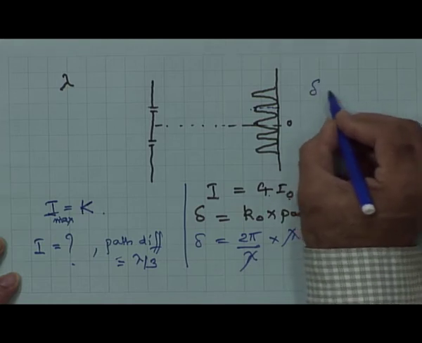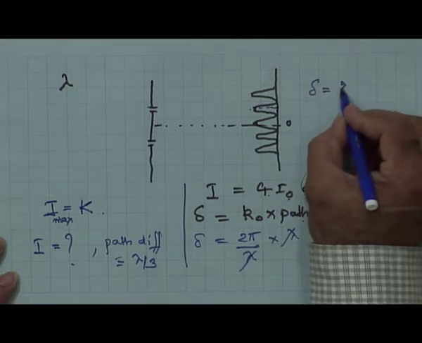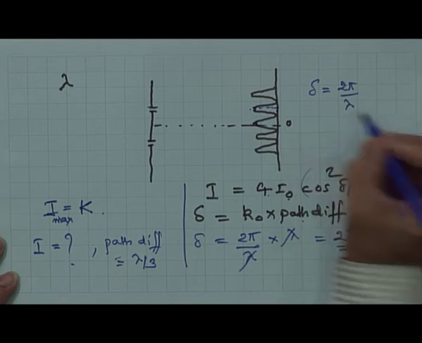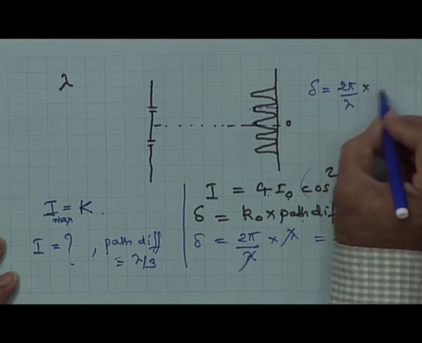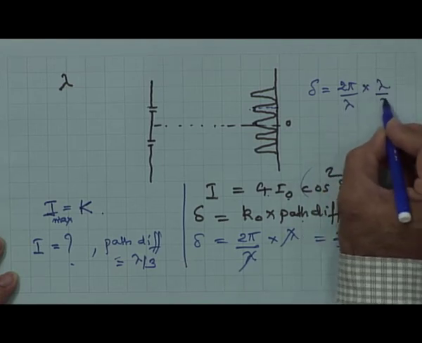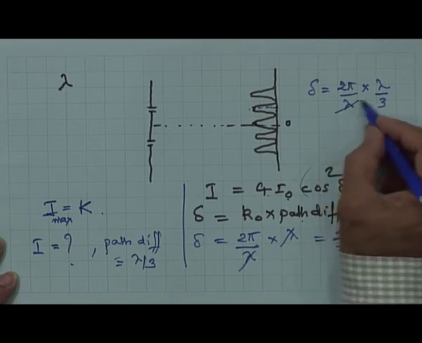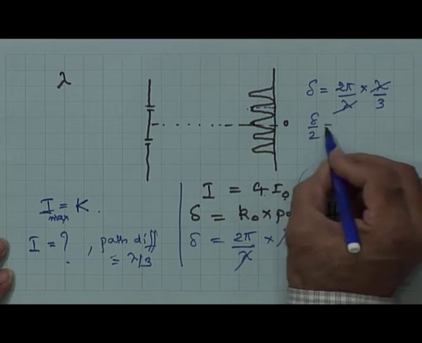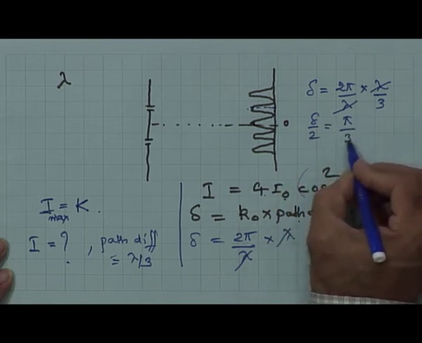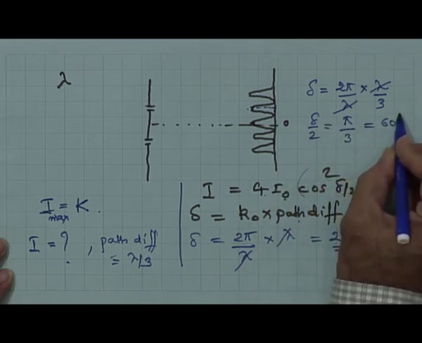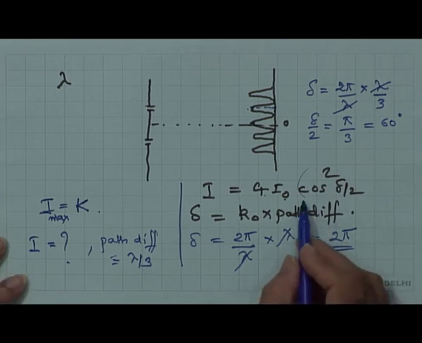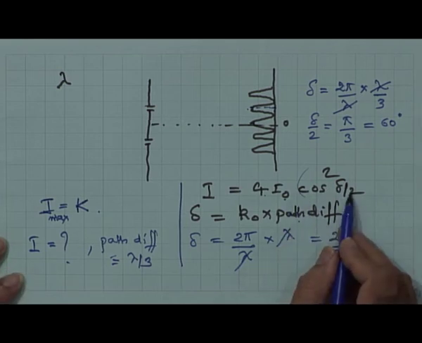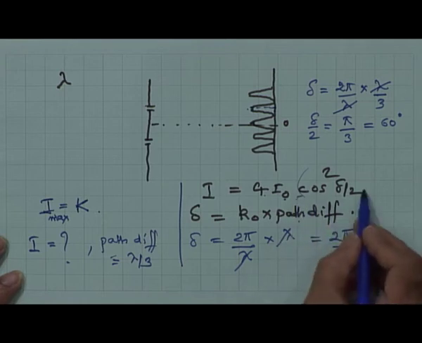So delta is equal to k 0, that is 2 pi by lambda, into the path difference lambda by 3. So we have 2 pi by 3, and delta by 2 is equal to pi by 3, that is 60 degrees. Therefore cos delta by 2 is half, cos square delta by 2 is 1/4.